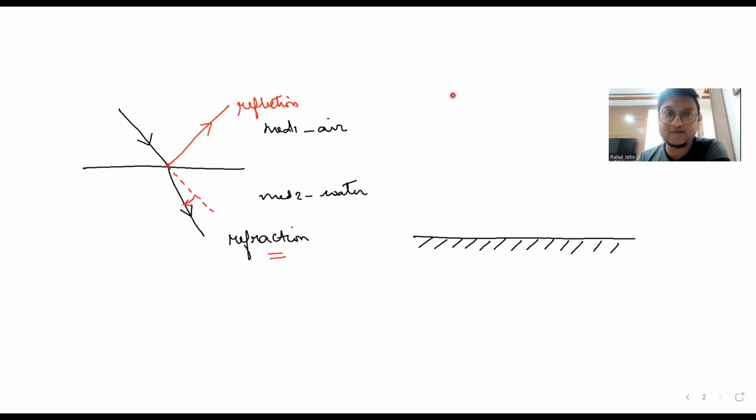So I hope we have been able to understand. So there's a ray of light which comes. It is incident on the surface. This will be called the incident ray.